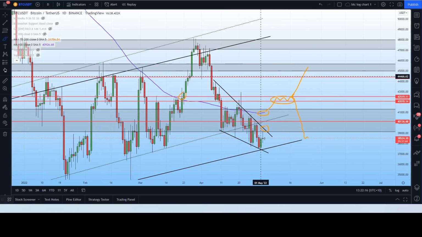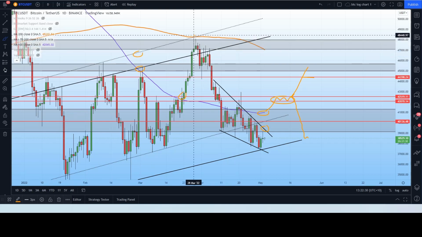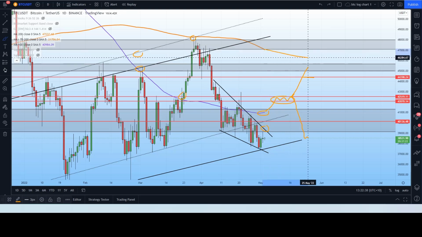What happens if we get to this range? Well, we've seen many times before that as soon as we break the $44,400 level, we either push up to the black line and get rejected, push up to the dotted line and get rejected, or we find resistance on the 200. So what happens first? Well, the 200-day moving average will most likely act as the first resistance.